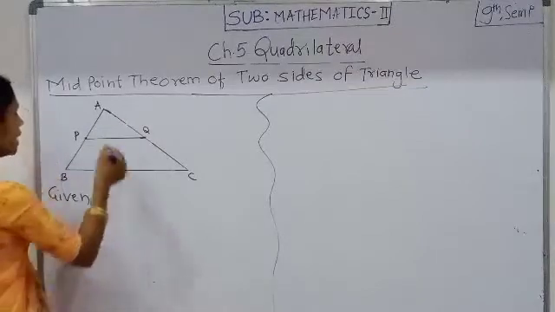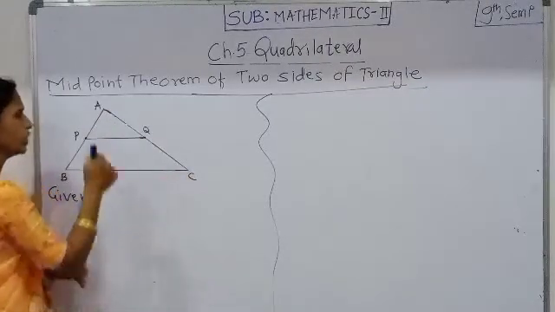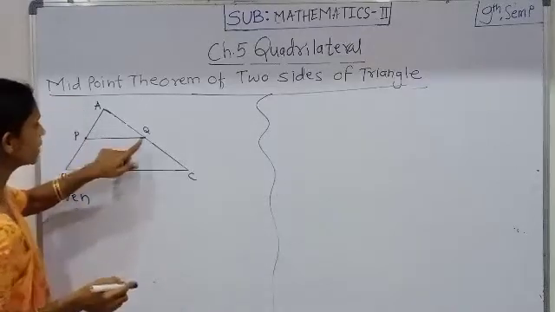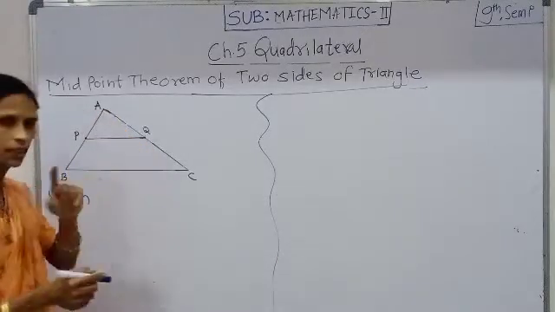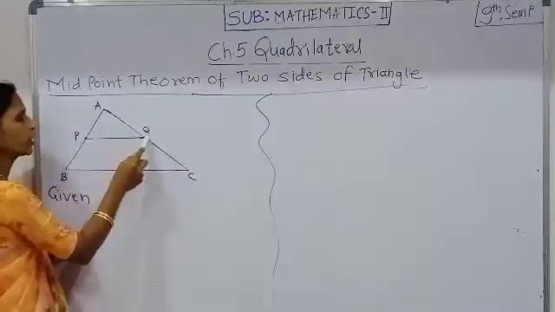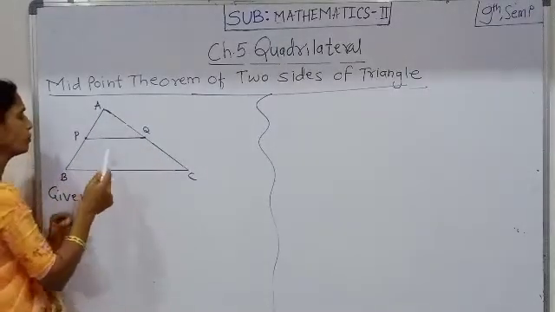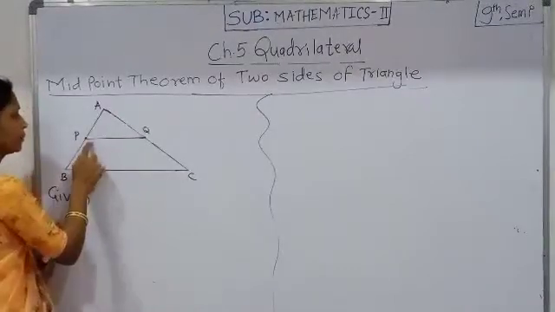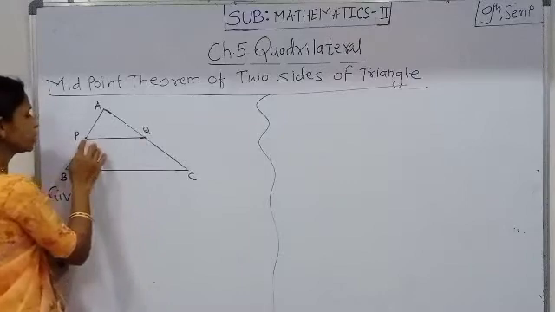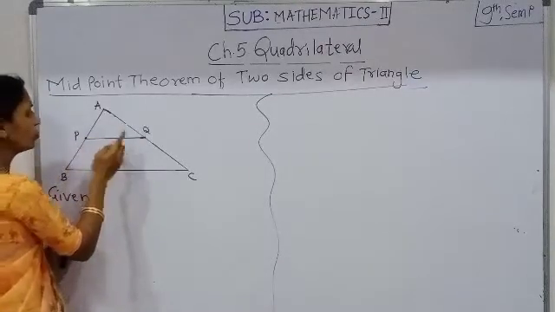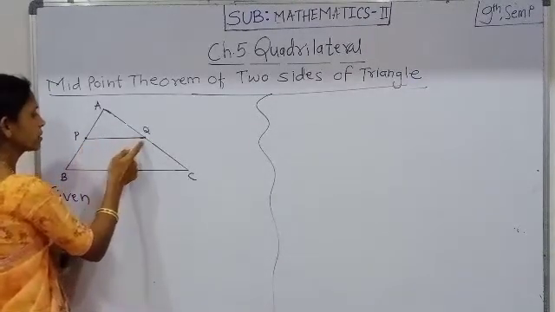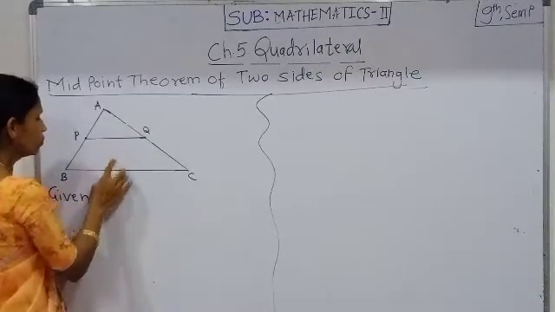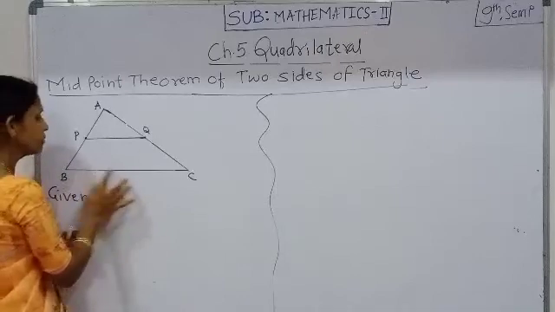See here, triangle ABC, in which P is the midpoint of AB and Q is the midpoint of AC. That means points P and Q are the midpoints of two sides of the triangle, and the segment which joins the midpoints of those two sides is parallel to the remaining side, that is BC.